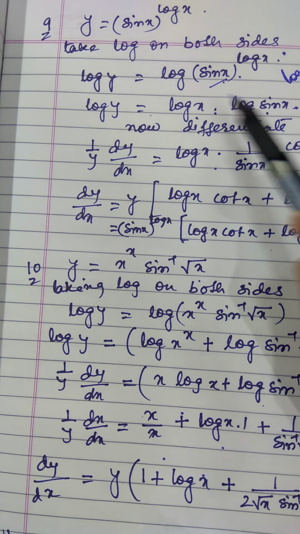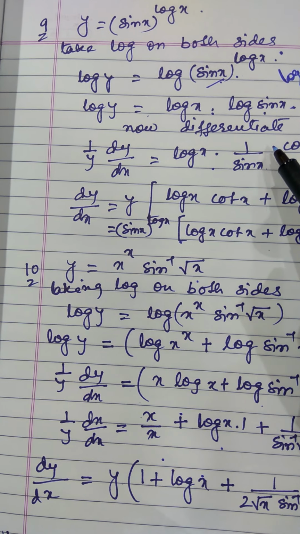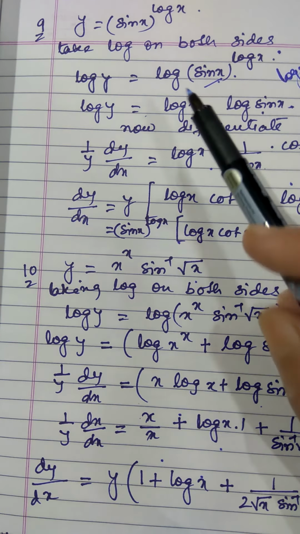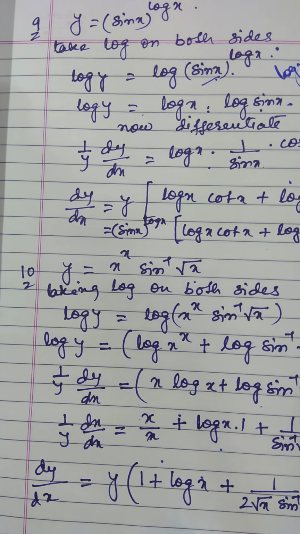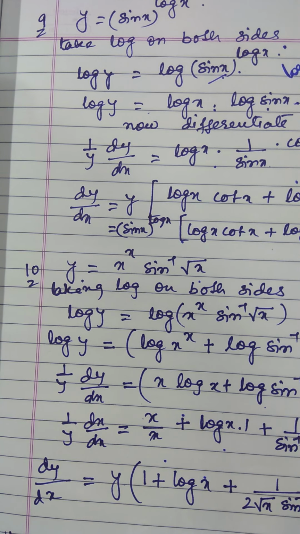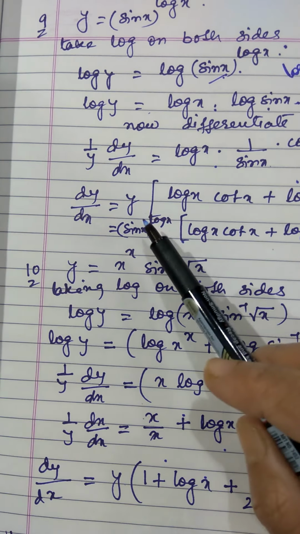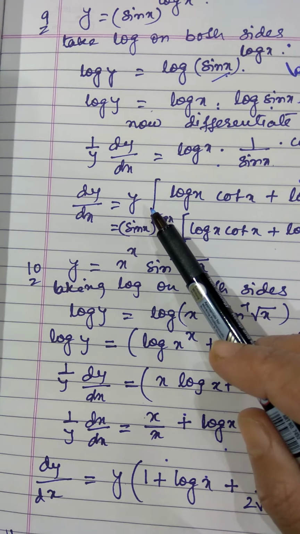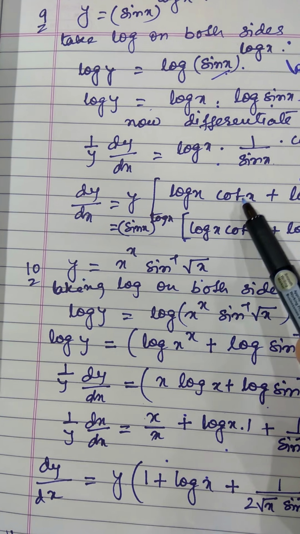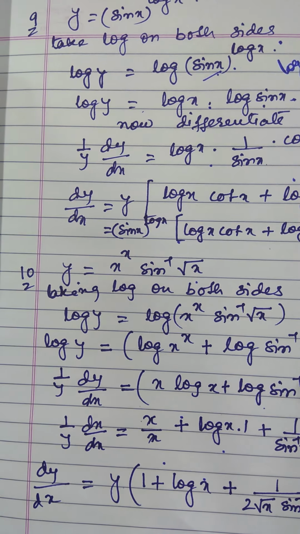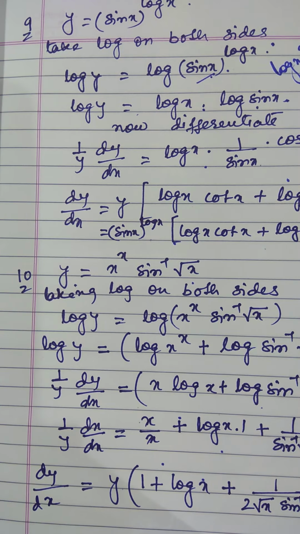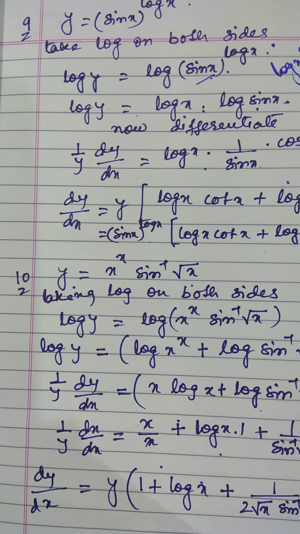This is log x into 1 upon sin x into derivative of sin x, that is cos x, plus second function into derivative of first. Second function is log sin x and the derivative of log x is 1 upon x. So finally dy by dx is equal to y into (log x cot x plus log sin x upon x). And now cross multiply y. So this is sin x raised to the power log x.